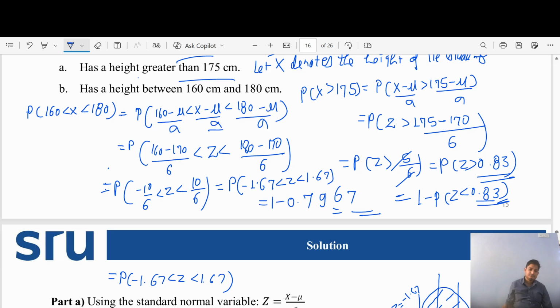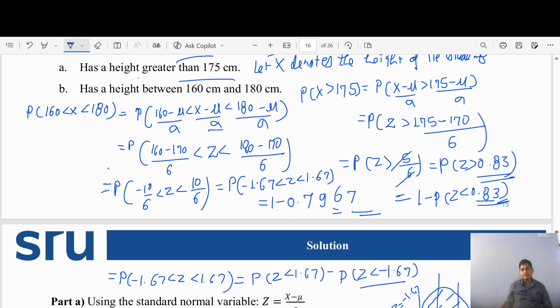Look at this concept very carefully. We evaluate the area for Z less than 1.67 and subtract the area for Z less than -1.67. We evaluate this whole area, Z less than 1.67, and subtract this area, Z less than -1.67.